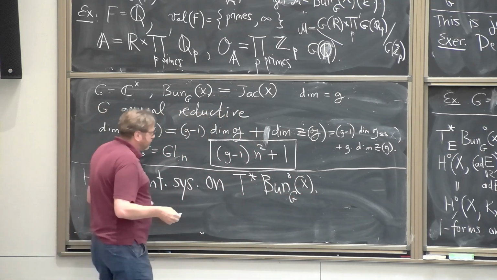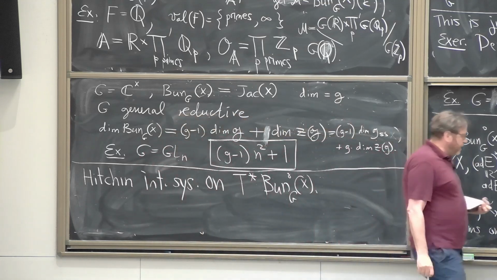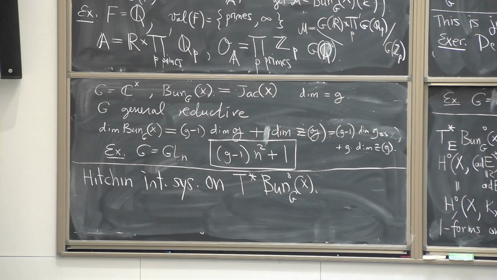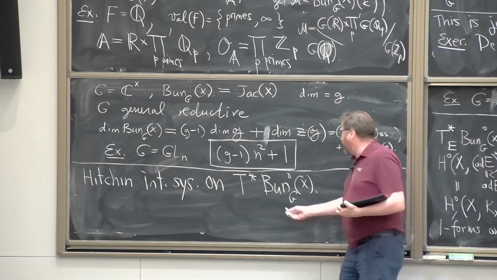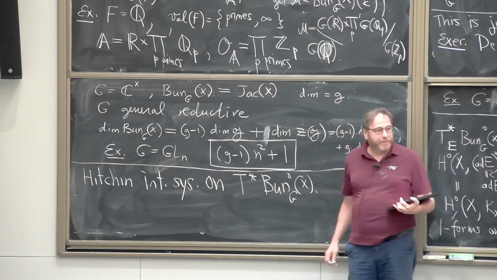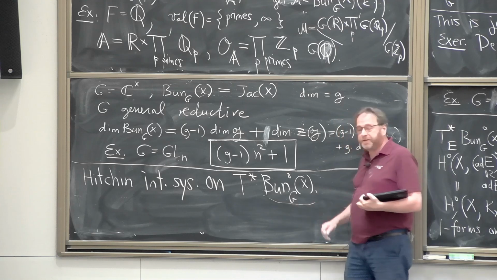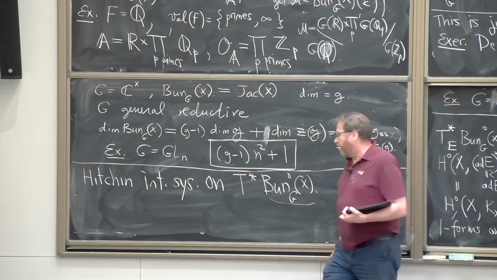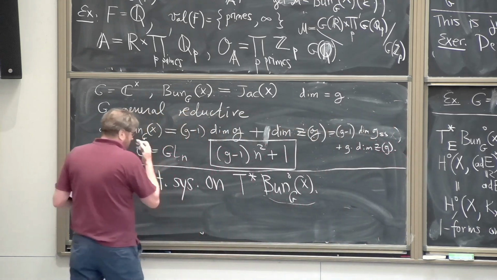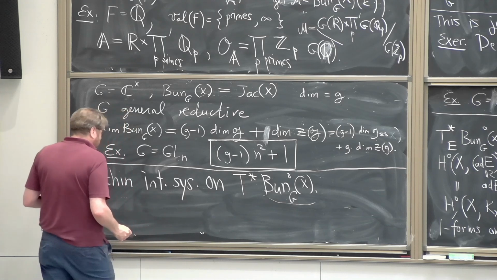So what is an integrable system? This is just a collection of Poisson commuting functions whose number is equal to half the dimension of your symplectic manifold, so in this case, the dimension of this base, and which are functionally independent.